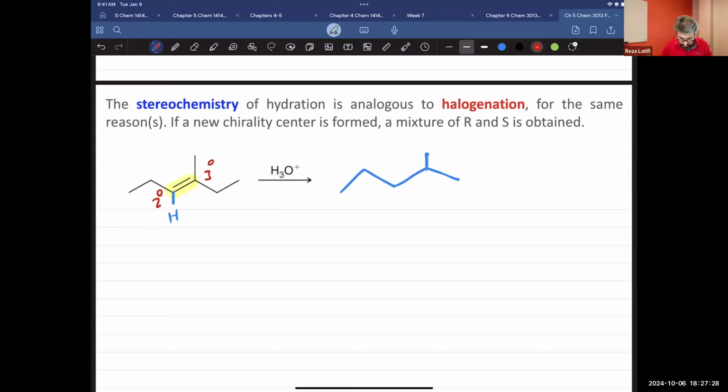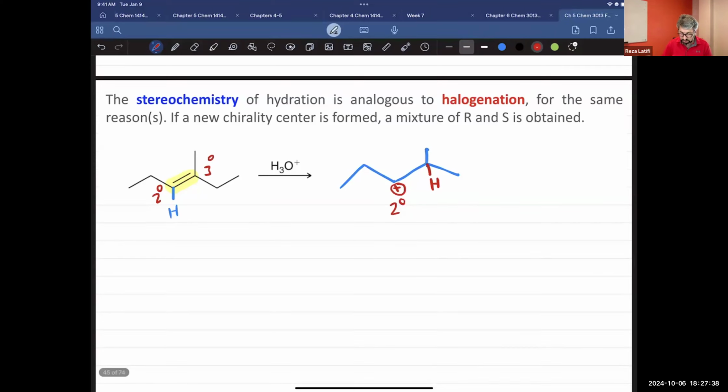If I add H to this side, I get a positive charge there. This is going to be a secondary carbocation. Okay, if I add H to the secondary carbon, and put H here, remember we did have H before, now I will have a carbocation that is tertiary.